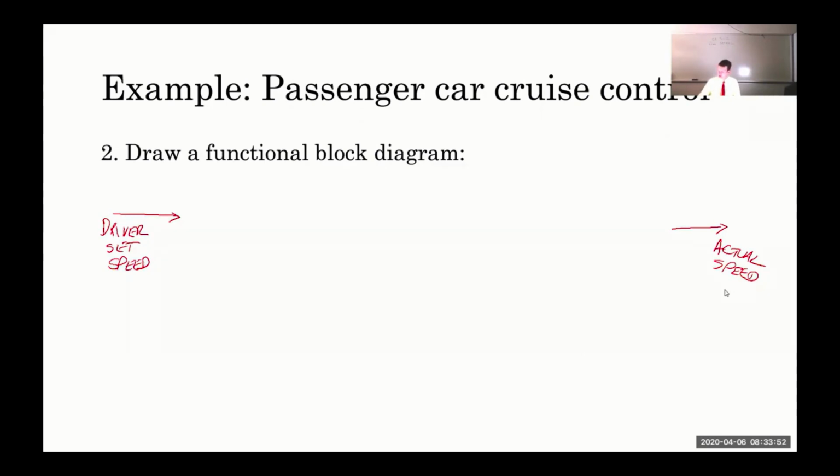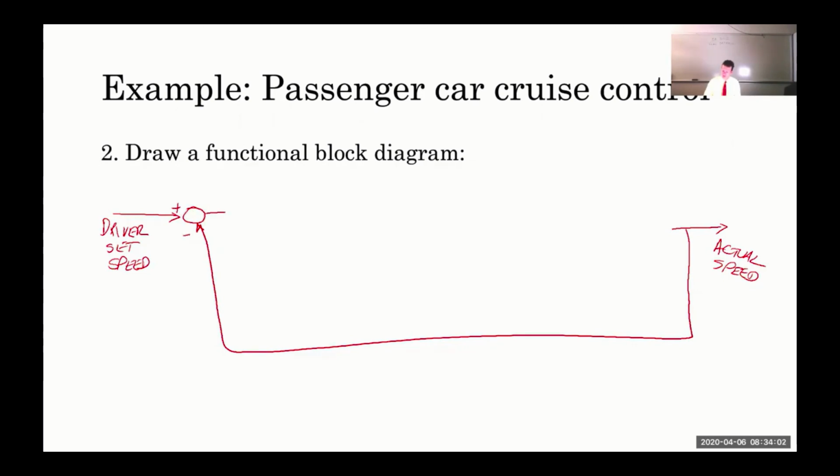We command the system based on the error. So the output of this, what I would call a summing junction, is what I'm going to call the error in the speed.